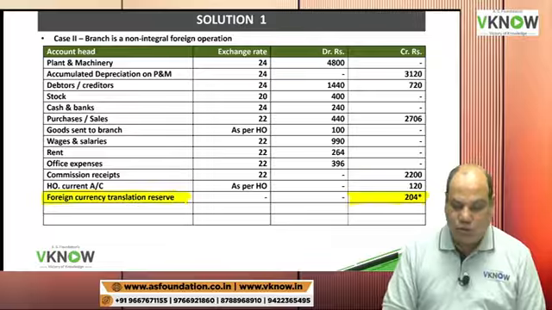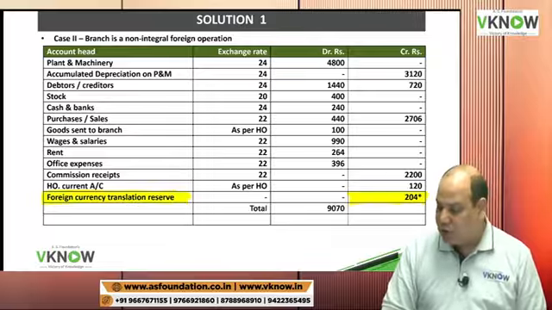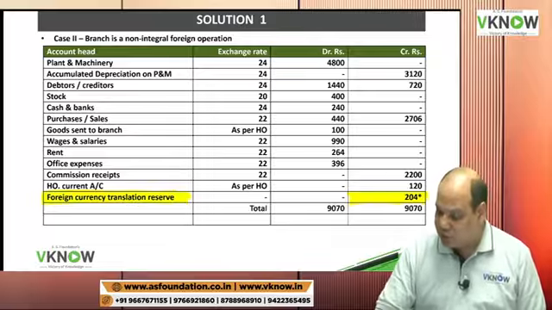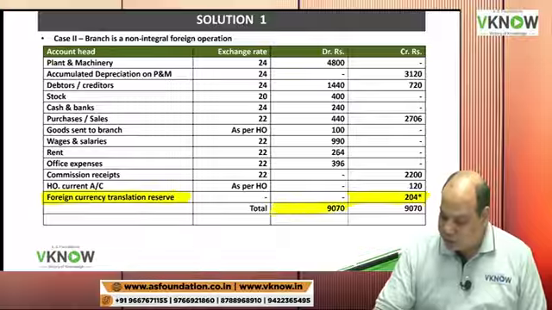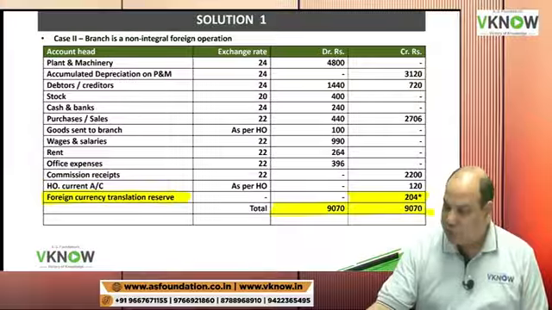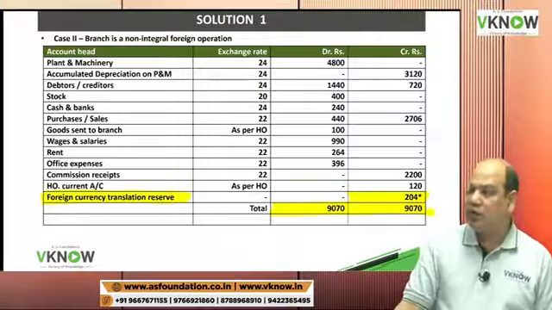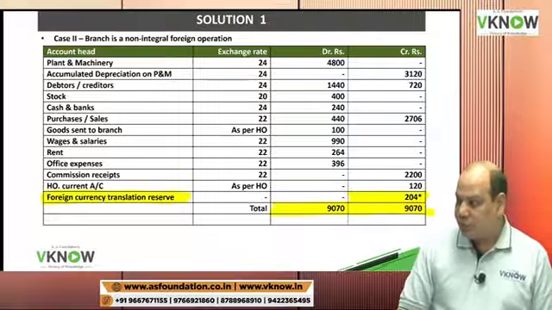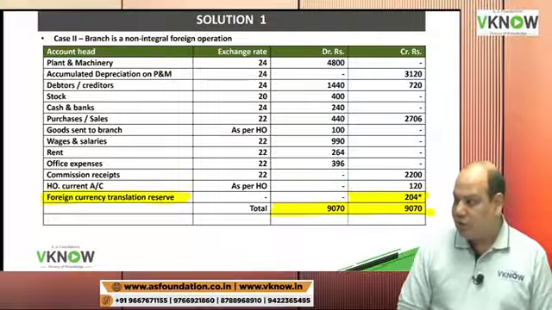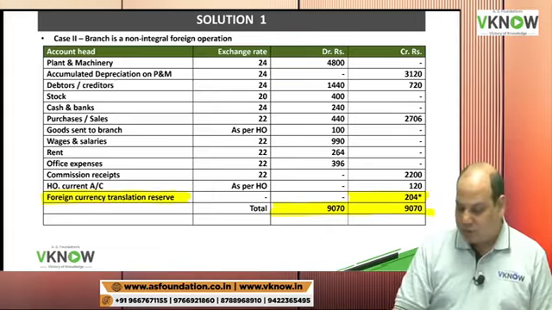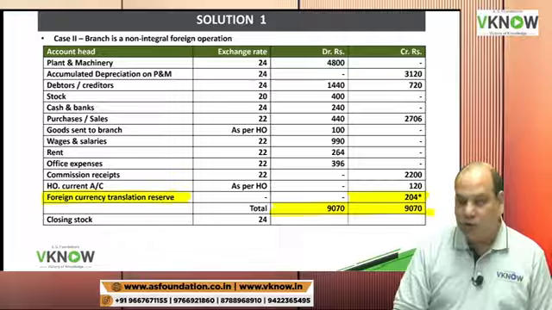Credit side 204 is the difference, and the total of the trial balance, just check, 9070. Yes, Tiwari is right. Sanket is right. And the closing stock, same closing rate, 75.